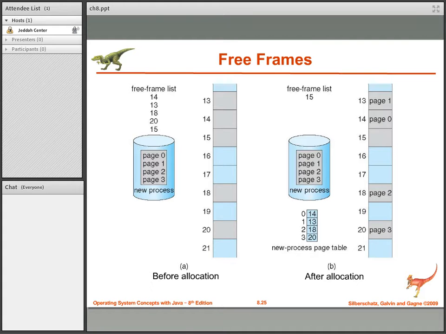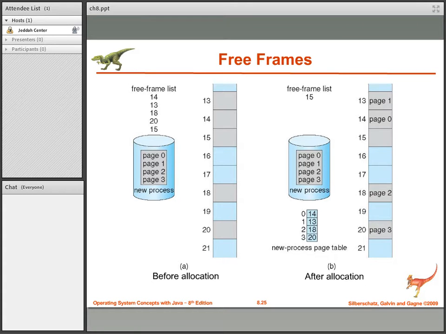We have the various pages of the new process allocated to certain frames from the free frame list. In the example drawn, page 0 is allocated to frame 14. Page 1 is allocated to frame 13. Page 2 is allocated to frame 18.